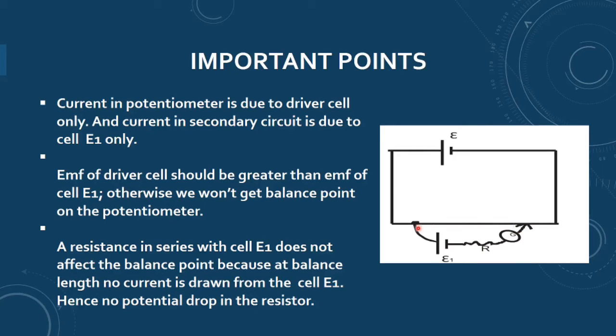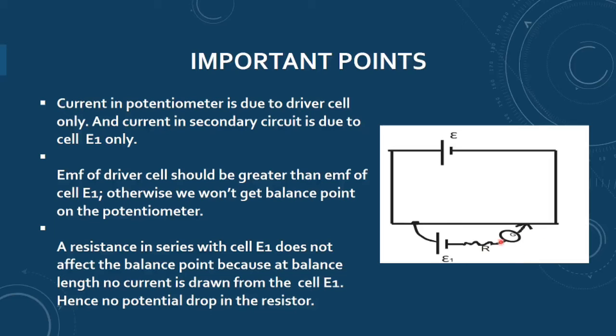The reason is that if you are keeping the EMF of the driver cell less than this primary cell in the secondary circuit, then you will not be able to get the balance. Now this high resistance box which you are putting in series with the galvanometer is not affecting the balance point because no current is drawn from E1.